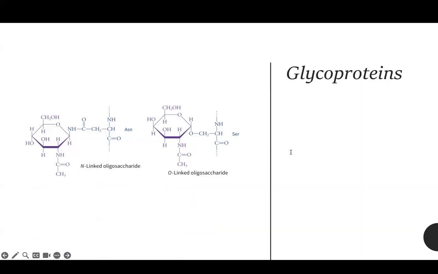All right, and then you should remember this name, glycoproteins, from our last unit. Those are proteins that carry carbohydrate attachments. They can be linked via either nitrogen or oxygen linkages. So we can have either an N-linked oligosaccharide or an O-linked oligosaccharide attached to an amino acid chain.